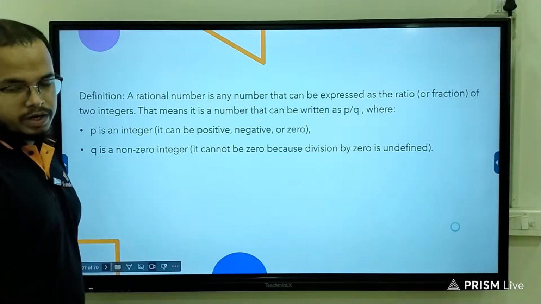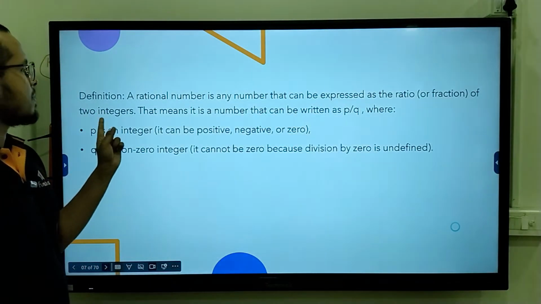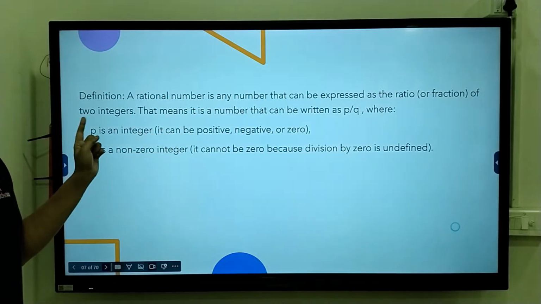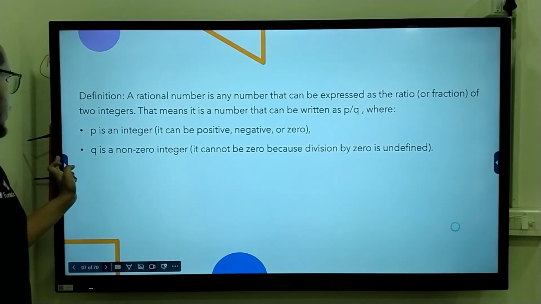Next, we come to rational numbers. Definition: a rational number is any number that can be expressed as the ratio or fraction of two integers, that is p by q.